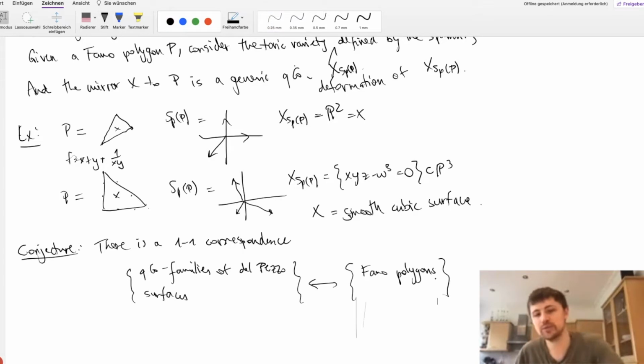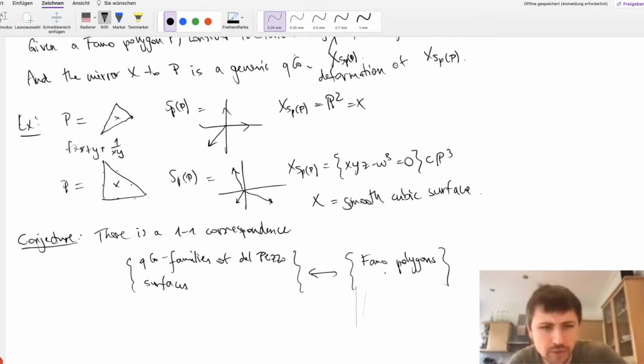But as stated, this isn't true, of course, because there are finitely many families of Del Pezzo surfaces. However, you can easily cook up infinitely many Fano polygons. So we also need an appropriate equivalence relation on the polygon side. And this equivalence relation is called mutation.